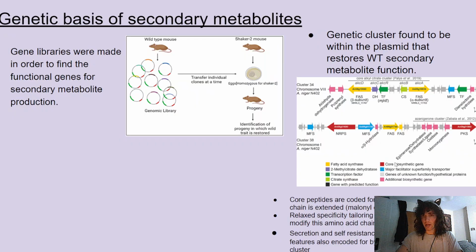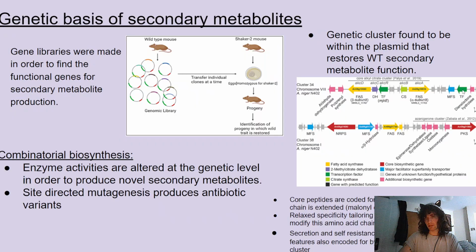So here you have the core biosynthetic gene, which makes actually the carbon structure with enzymes like malonyl CoA, which help add the carbons to the amino acid. And then relaxed specificity tailoring enzymes modify this chain. I'll mention why I use relaxed specificity in a bit. But yeah, and then secretion and resistance features are also encoded for by this cluster. Yeah, pretty complex, pretty cool that they were able to find this and pinpoint which gene does what.